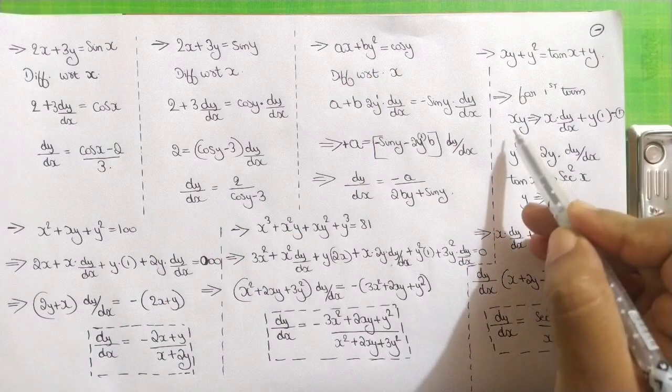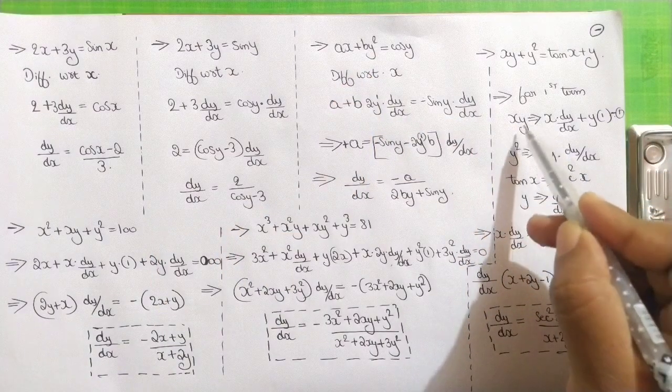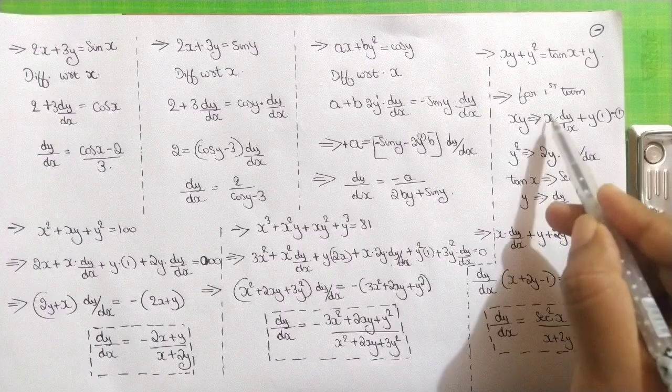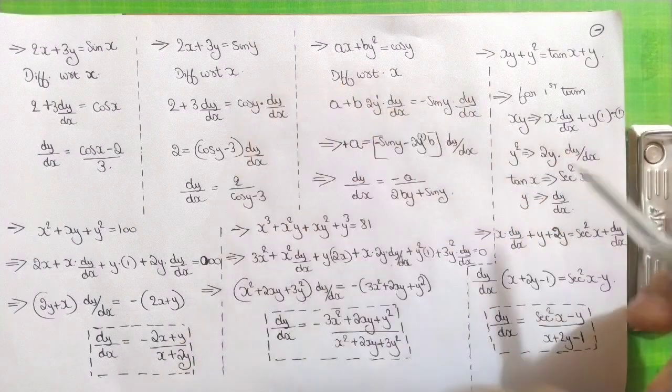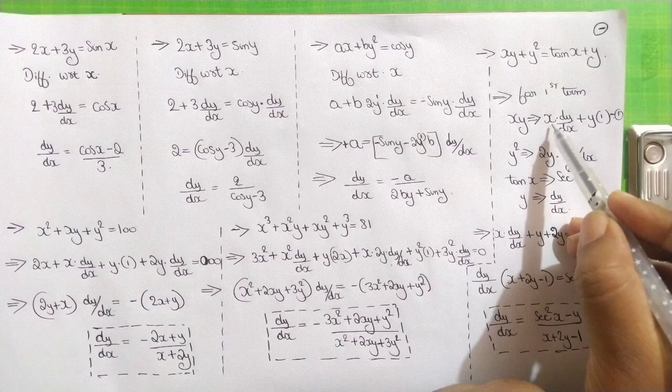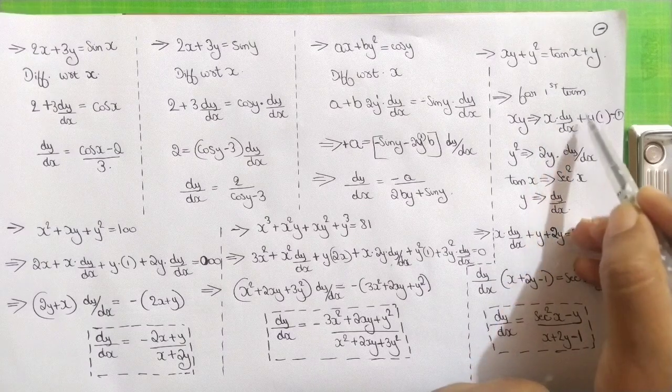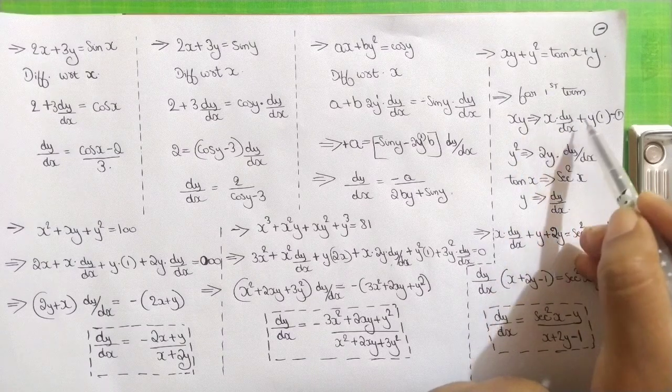What I am telling is xy is nothing but the differentiation of the first term. You can take y or you can take x, that's your wish. Take x as your first term and differentiate the second term, plus differentiation of y is dy by dx.